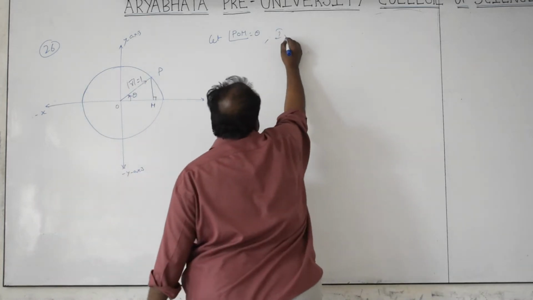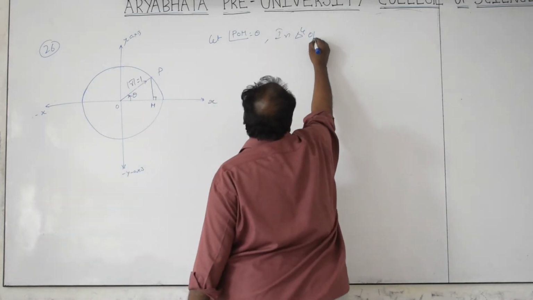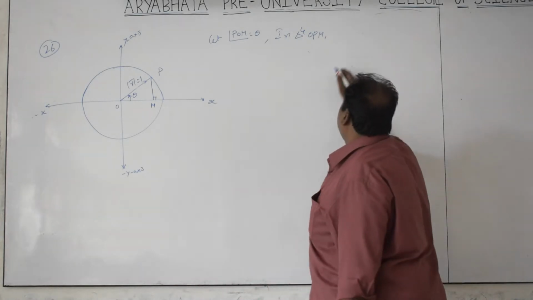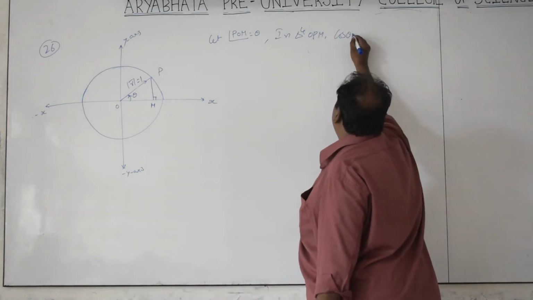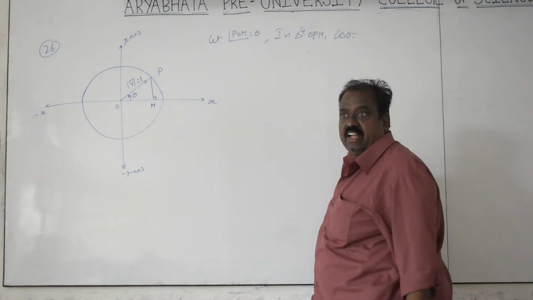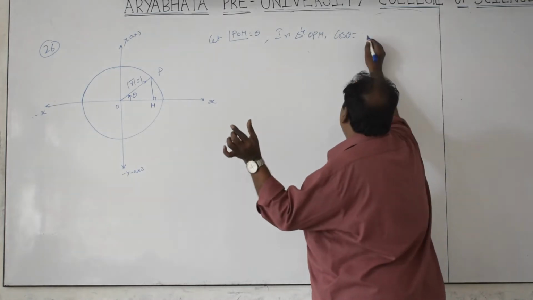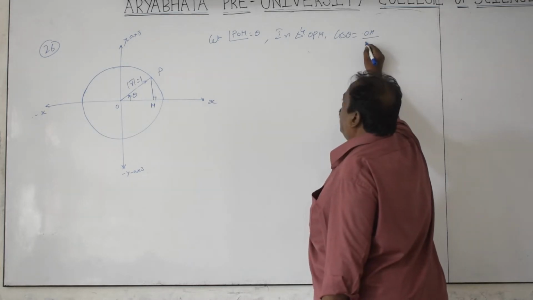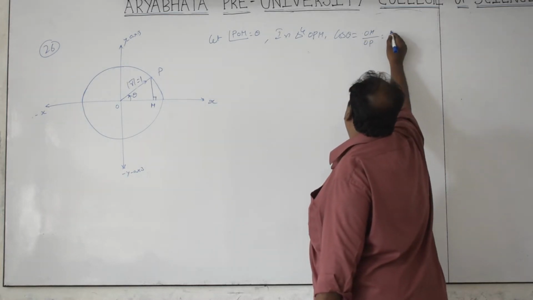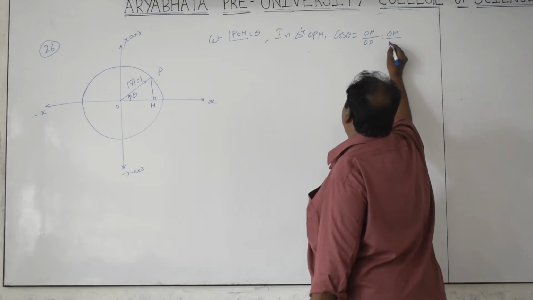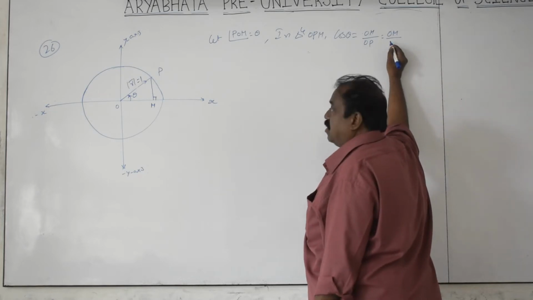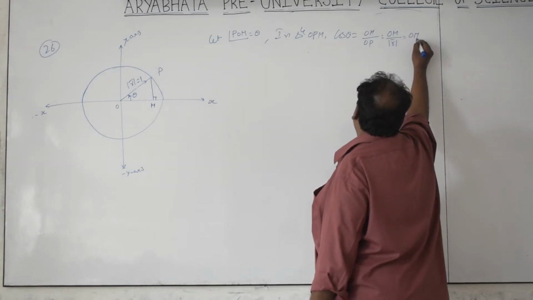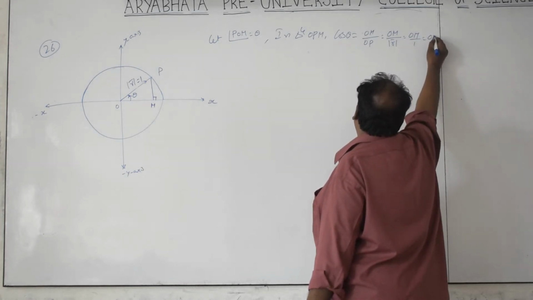In the triangle OPM, what about cos theta? Cos theta is the adjacent side OM by hypotenuse OP. What is OP? OP is the modulus of R bar, that is OM by 1, which is equal to OM.